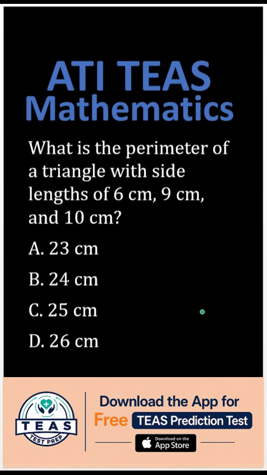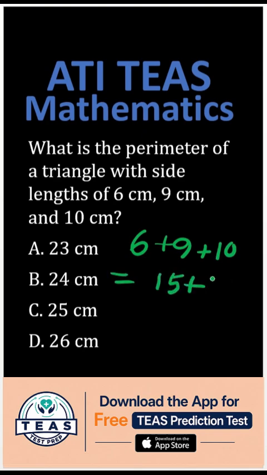The perimeter is simply the sum of all the sides of a triangle, so we add them together. Now 6 plus 9 is 15, and 15 plus 10 is 25. So the perimeter of the triangle is 25 centimeters. With that, the correct answer is option C.